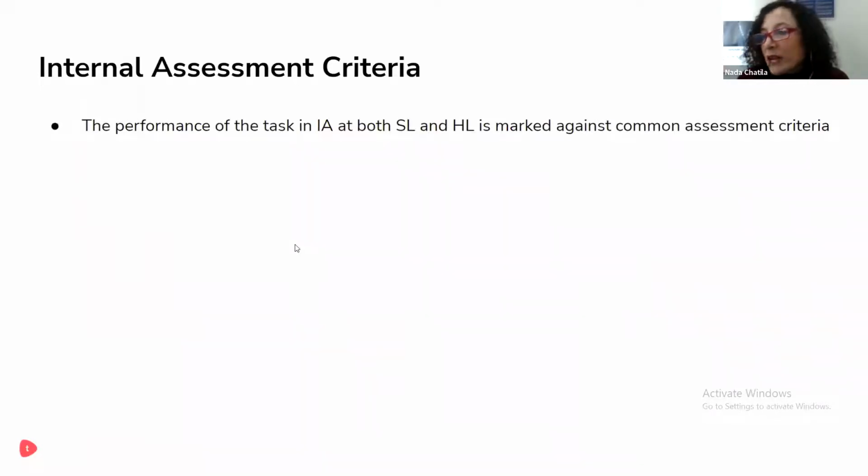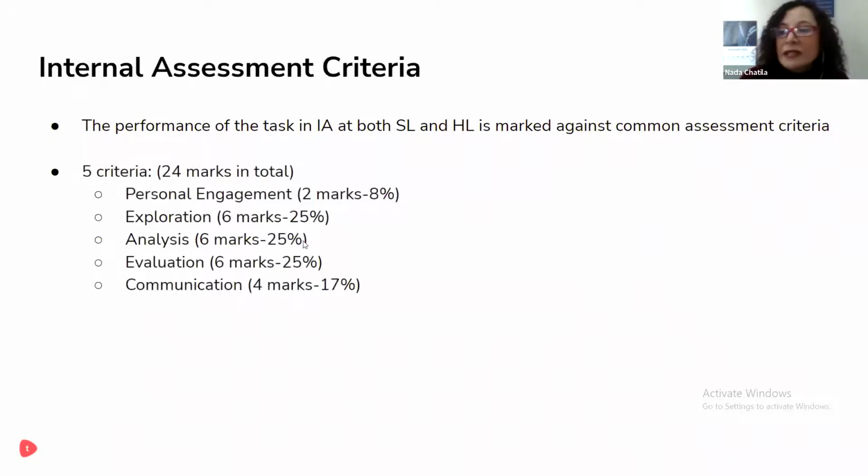The requirements for the IA are the same for both standard level and higher level, and they share the same assessment criteria. These criteria are 5: personal engagement out of 2 marks, exploration, analysis, and evaluation, each out of 6 marks, and communication out of 4 marks, thus leading to 24 marks in total.